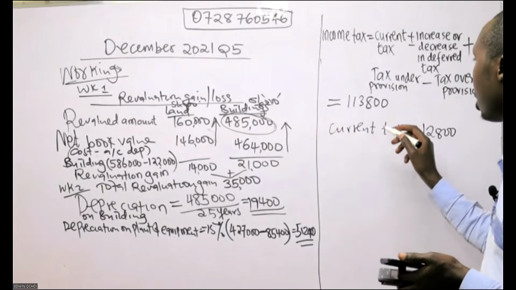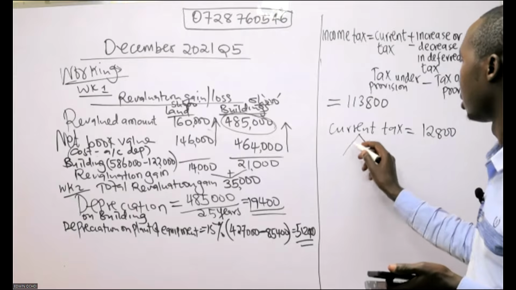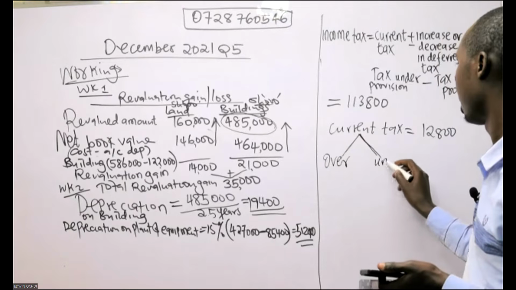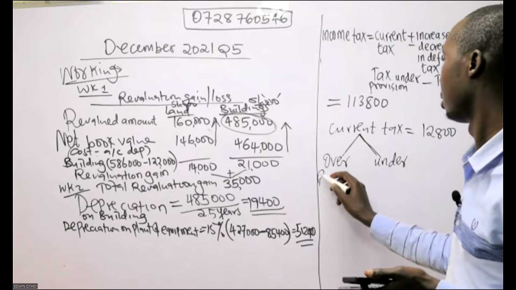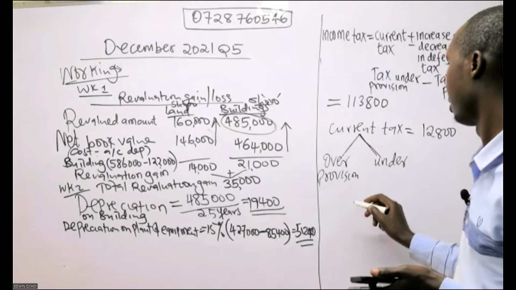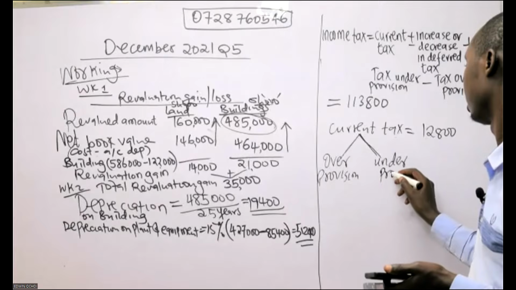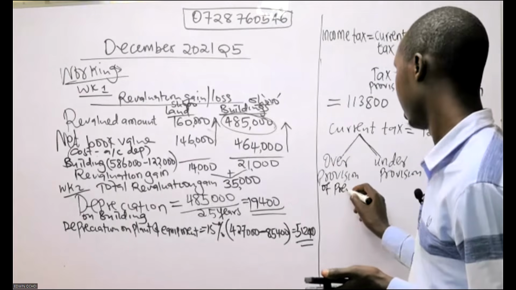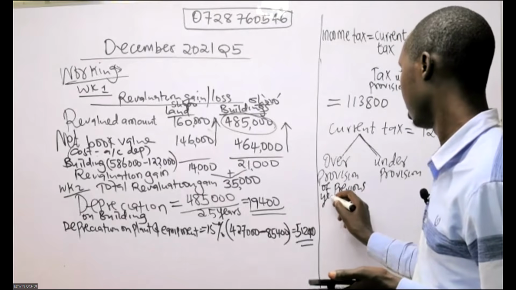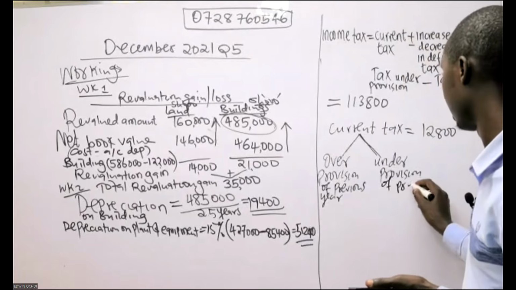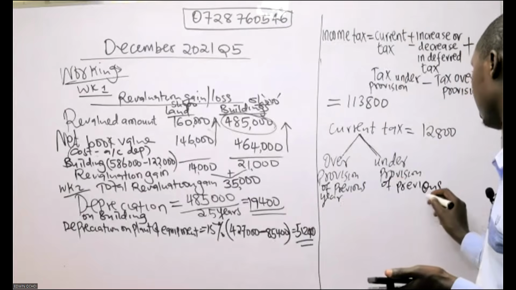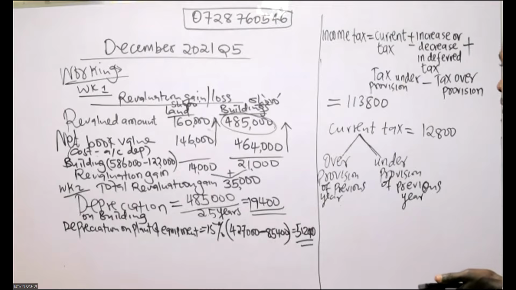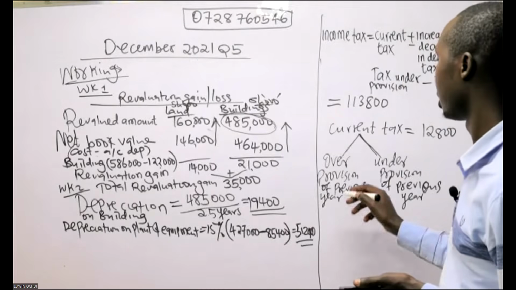This one can represent either over provision or under provision, but over or under provision of the previous year. So how would you know that it's an over provision?